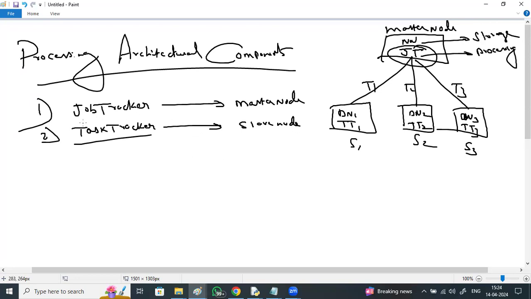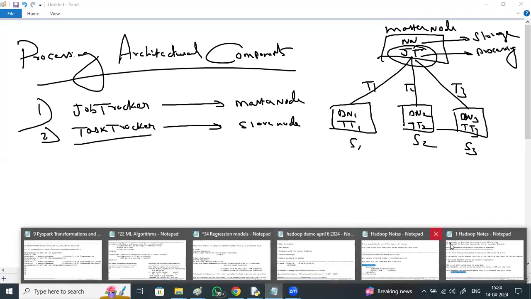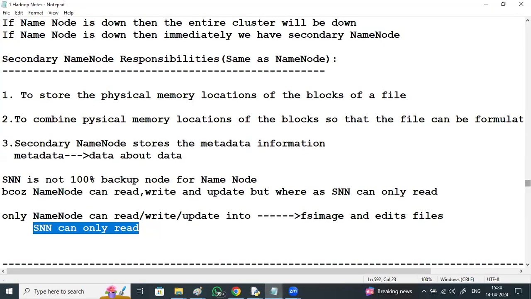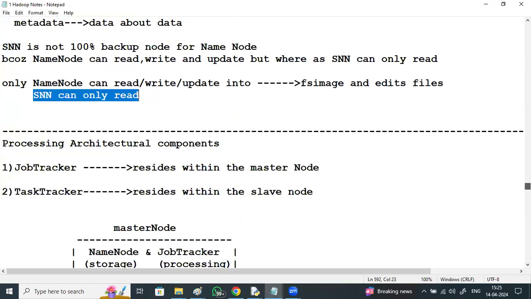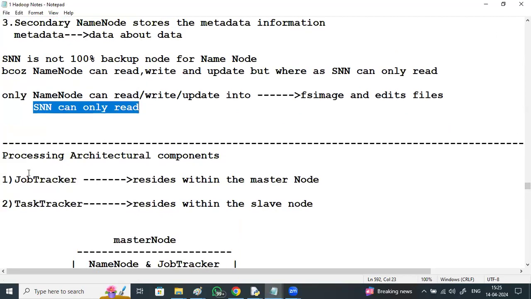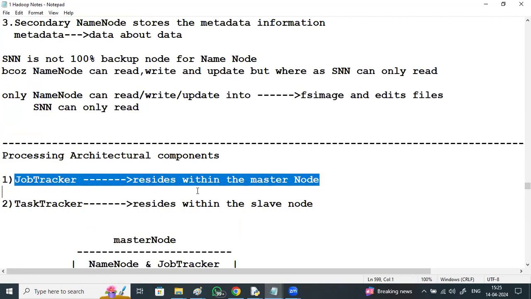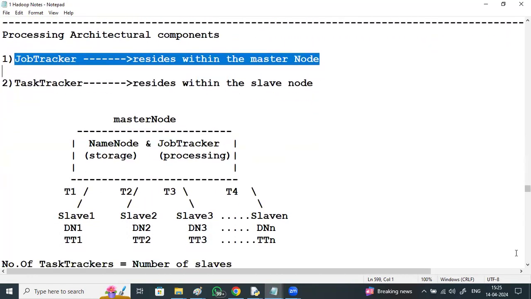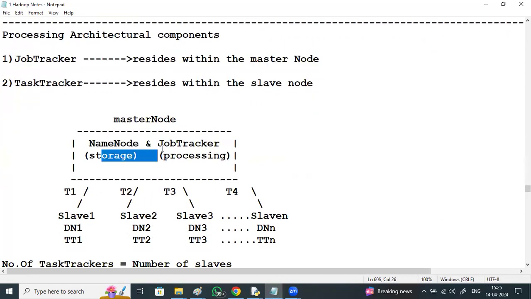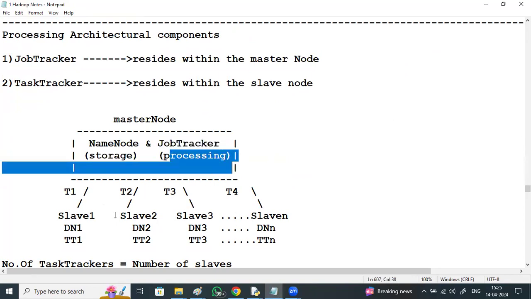And see the job tracker responsibilities and task tracker responsibilities. Job tracker resides within the master node and task tracker within the slave node. So name node for storage, job tracker for processing.